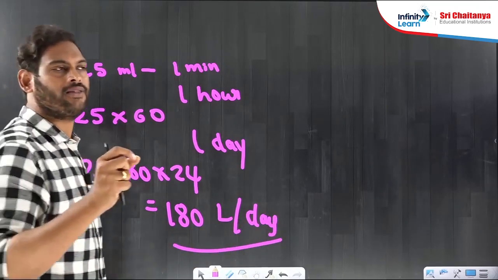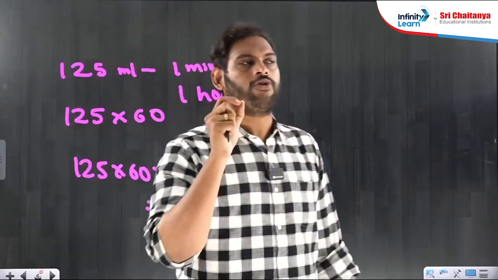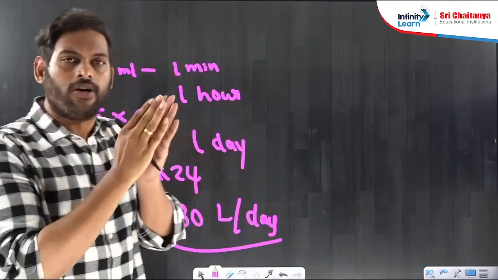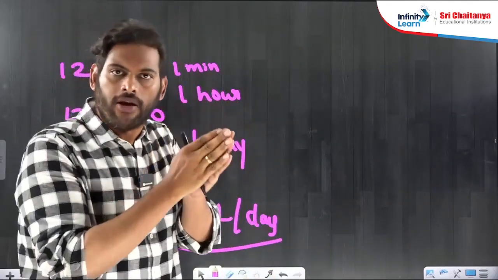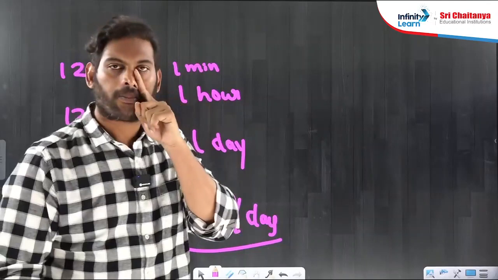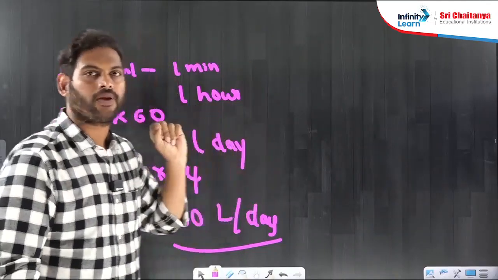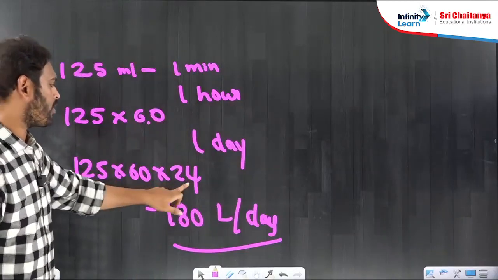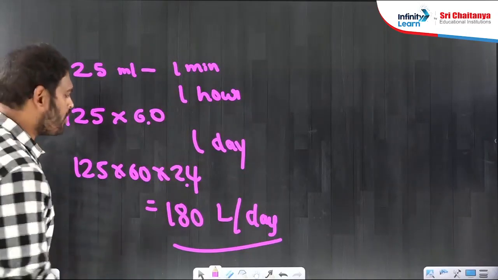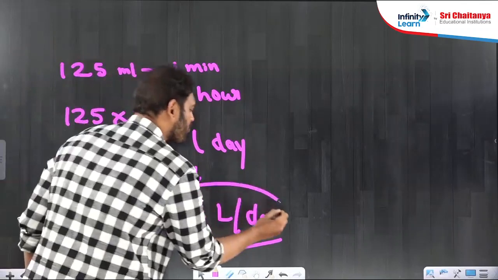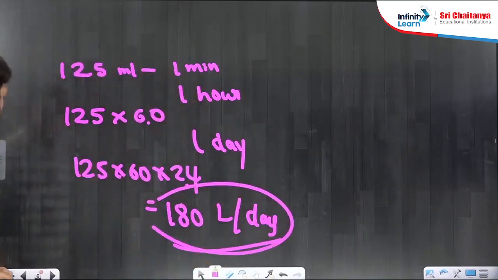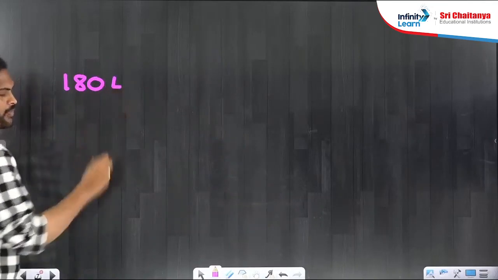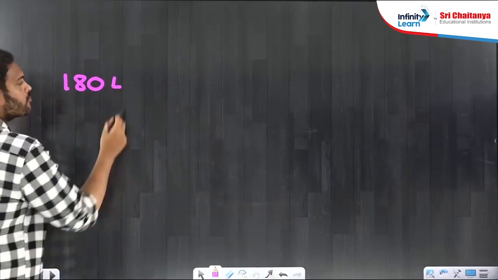If you are forming 125 ml of renal fluid each minute, then per day you can multiply the number of minutes by the number of hours. You'll be getting 180 liters of filtrate per day. I mean, 180 liters of filtrate was formed per day.